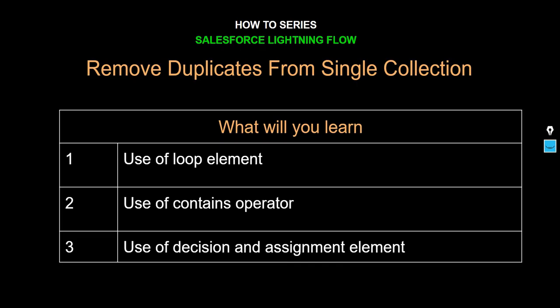There is one more option within a flow through which we can remove the duplicates. We'll make a separate video where I'll explain how you can use a collection in a slightly different way to remove duplicates as well. For now, we just accomplished our task of removing duplicates from a single collection.